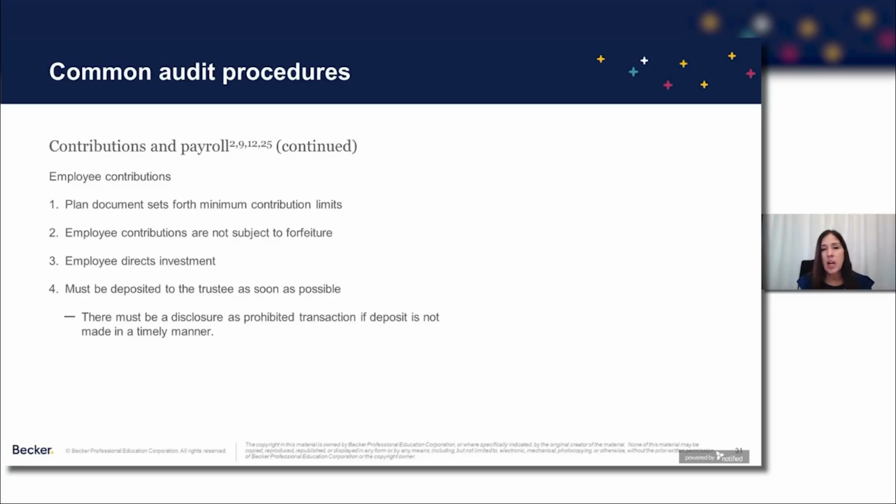The employee contributions, when those amounts are withheld from the participant's wages, have to be remitted to the plan as soon as possible. If they are not remitted to the plan as soon as possible, that's a prohibited transaction and has to be reported on the supplemental schedule of delinquent contributions, disclosed in the notes to the financial statements, and the plan sponsor has to make up lost earnings.